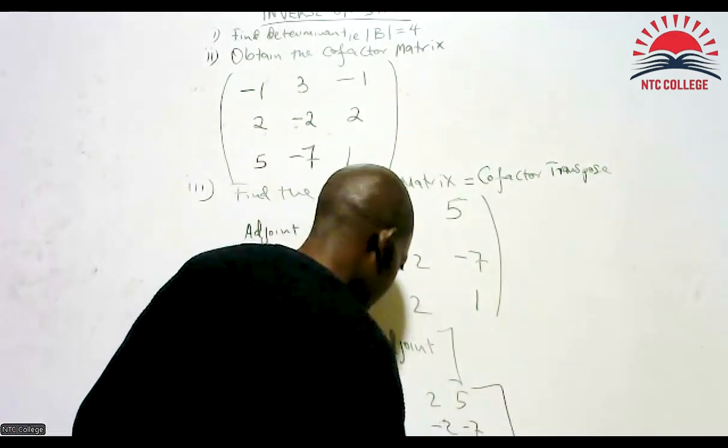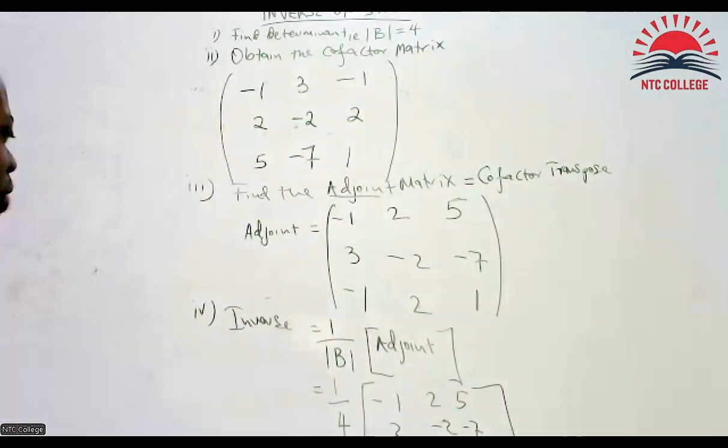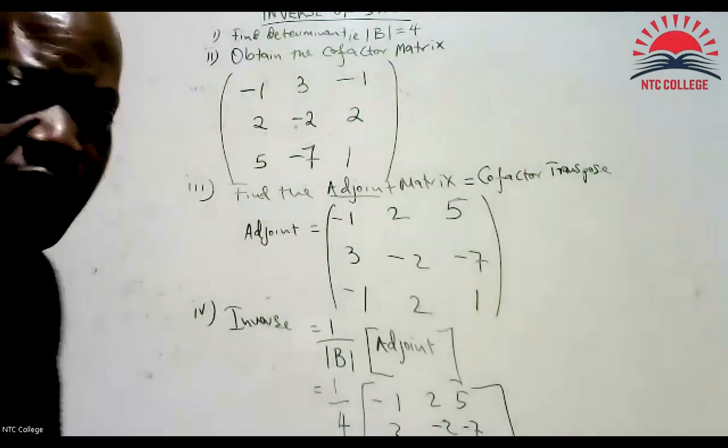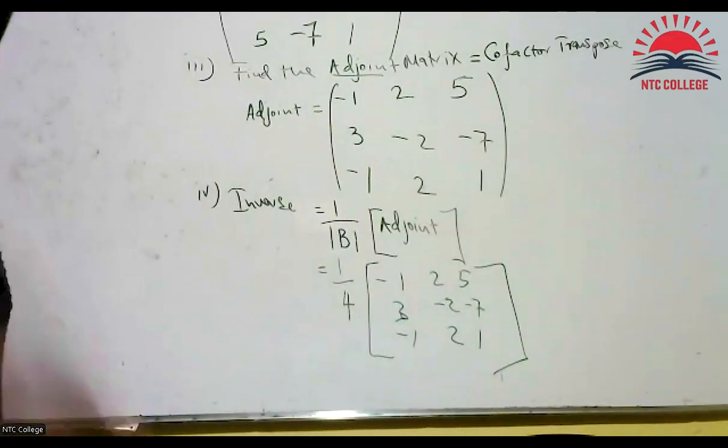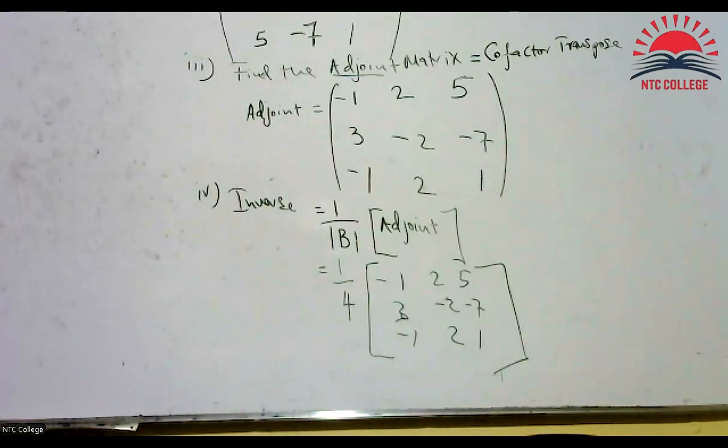And with that, we have obtained the inverse. You don't even have to simplify. Our inverse is 1 all over 4 into the adjoint, which we obtained by transposing the cofactor. That is what is expected of us.